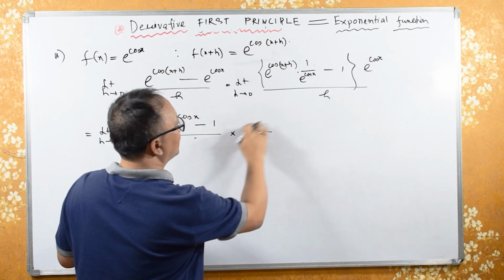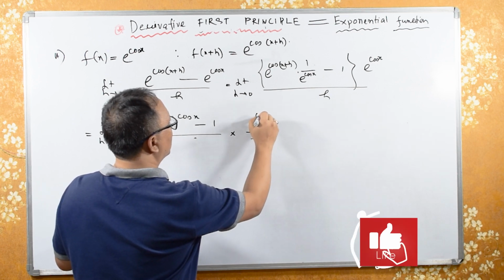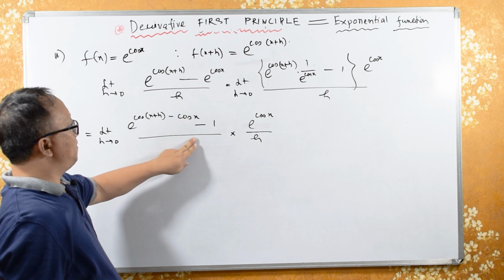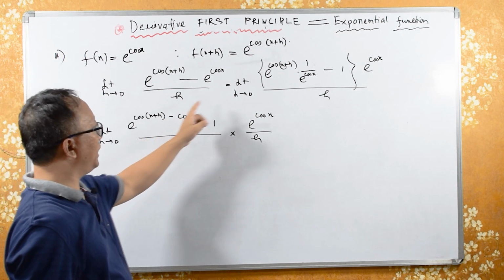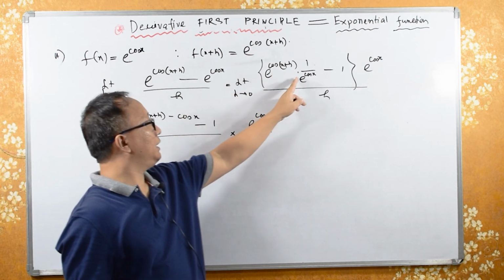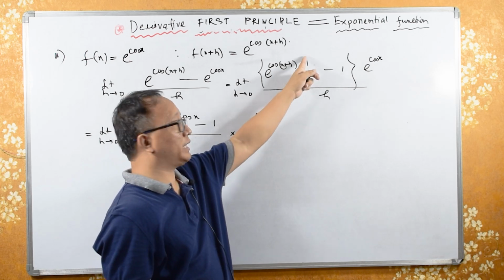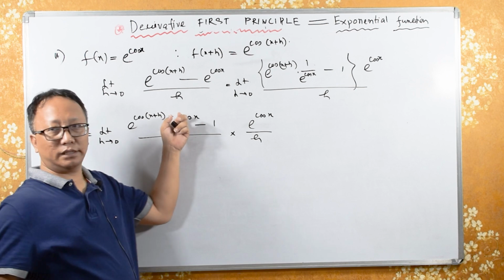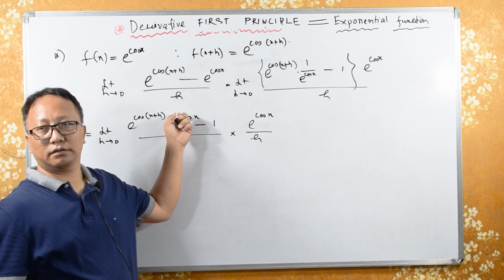This is my e raised to cos of x. Now cos of x plus h is over here, e raised to minus cos x. The bases are the same, so I am writing minus over here.